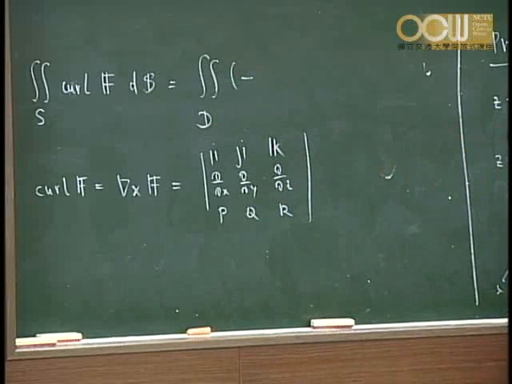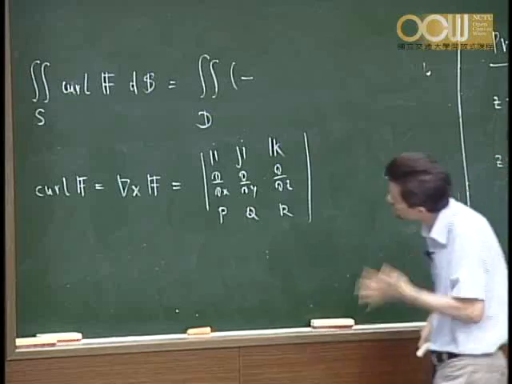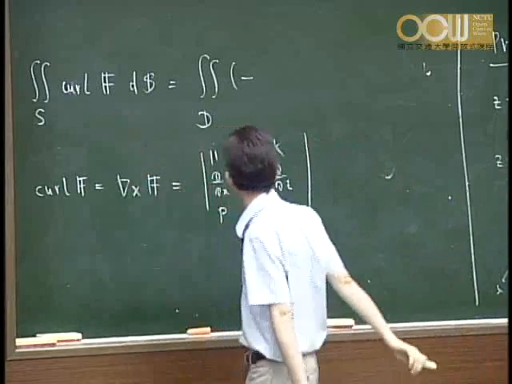Minus the first one is the P coordinate of this vector field here.